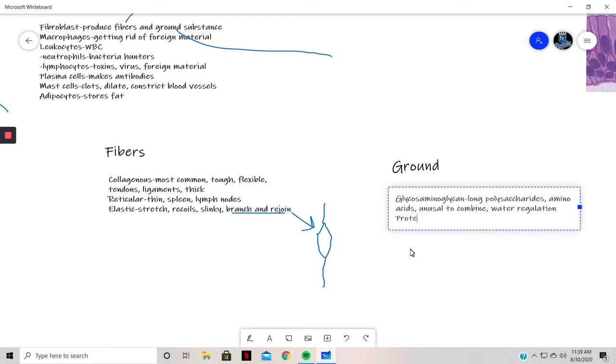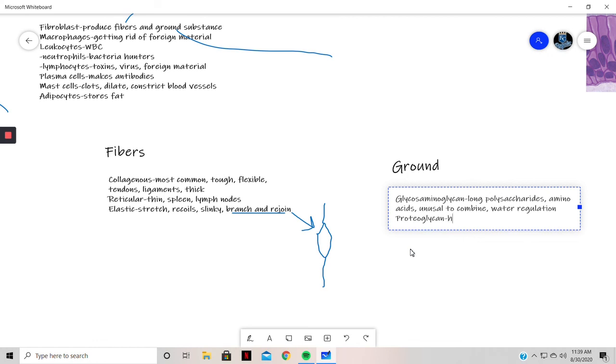This one isn't really as long. Proteoglycans. Okay. These last two, when you see the function, you're like, whoa, isn't that the same thing? But just pick up on all the words. It's slightly different.